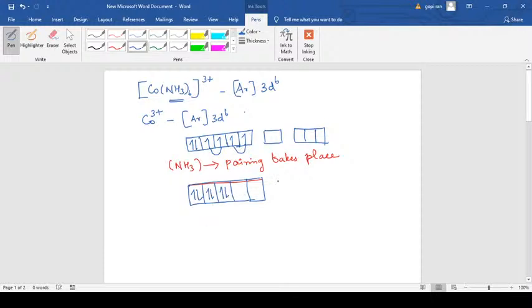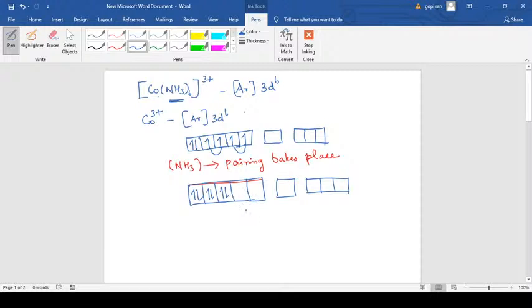The pairing takes place, and the remaining will be vacant only. In this place, ammonia is going to give electrons to the cobalt, and the complex is forming. So 6 pairs of electrons are going to be given by ammonia.